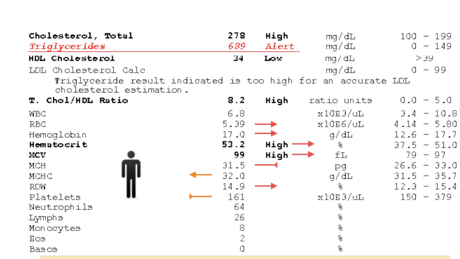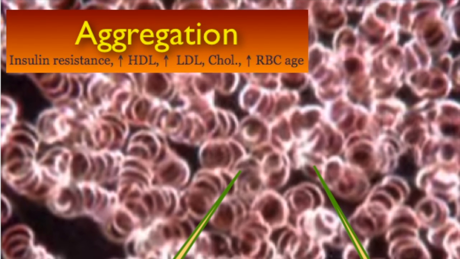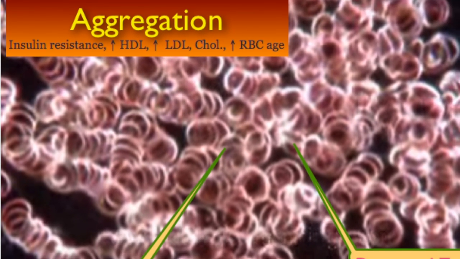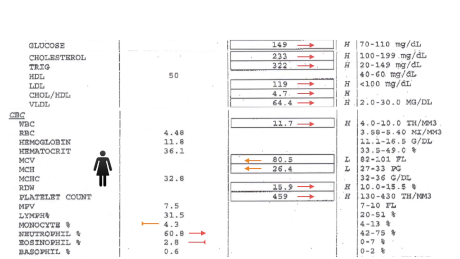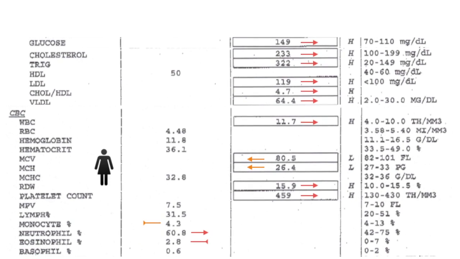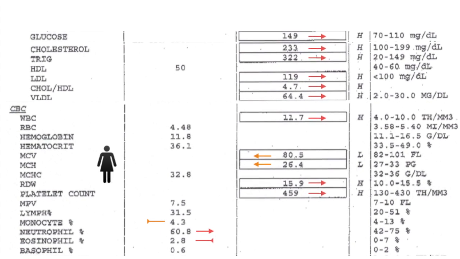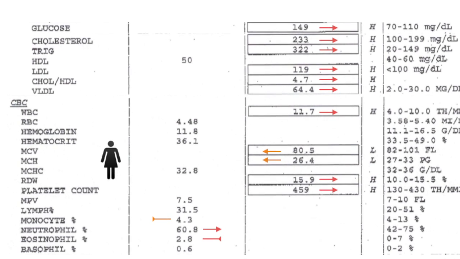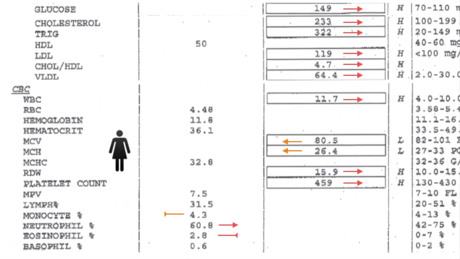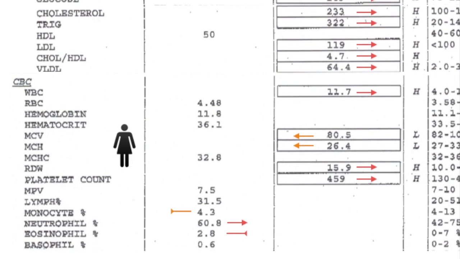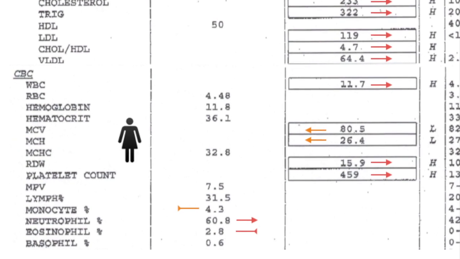The patient's symptoms are exacerbated by the aggregation of the red blood cells seen with the elevated RDW and false low MCV that occurs with agglutination. The increased platelets enhance the aggregation and agglutination, further attracting white blood cells to break up the agglutination.